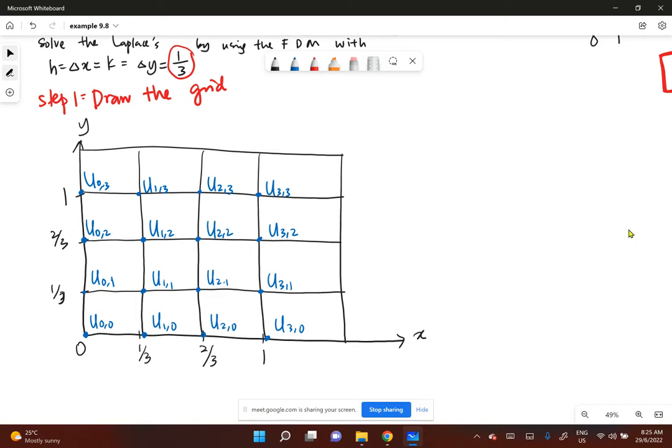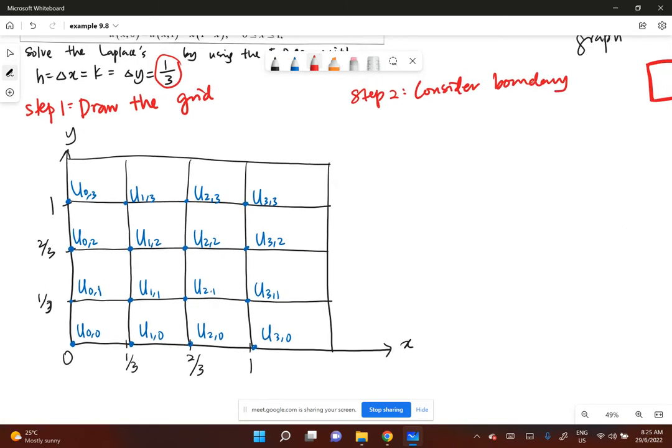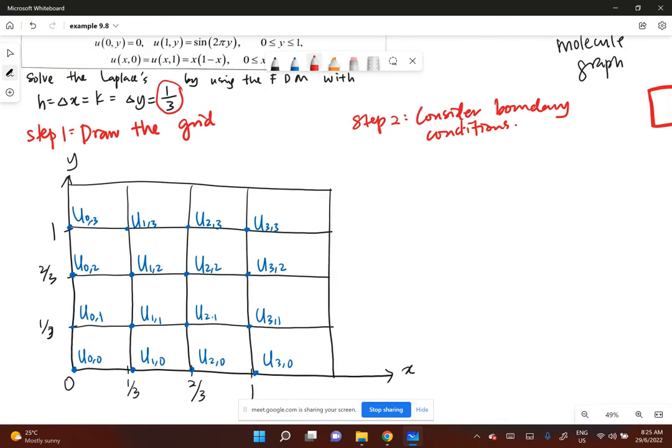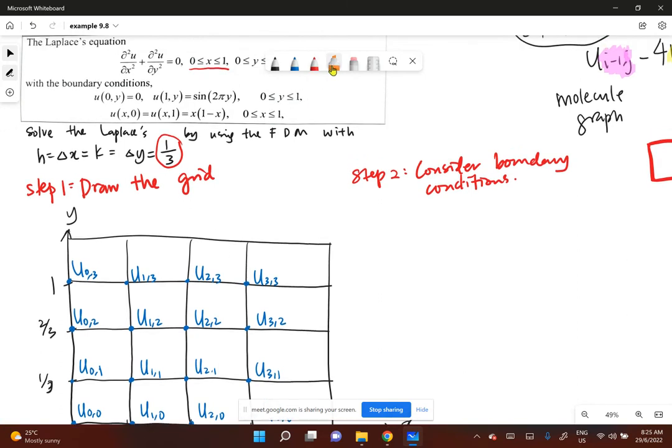Okay, now the second step. Similar to the previous one, we have to consider the boundary conditions. Previously we had initial and boundary conditions, but this one, because all are boundary conditions. Given here, we start with this one.